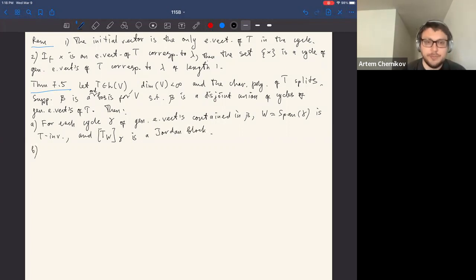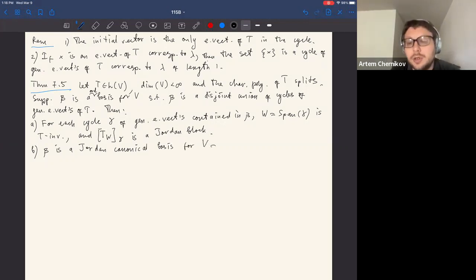This is part A, and part B, beta, is a Jordan canonical basis for V. So the theorem basically tells us how to find a Jordan canonical basis.